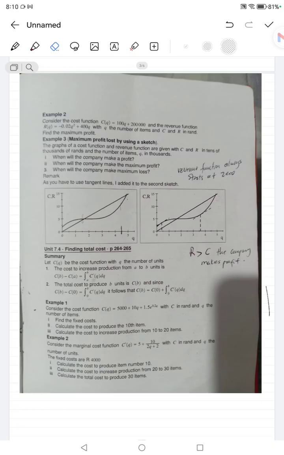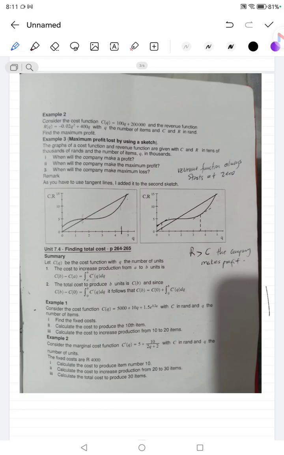Now this one I feel like I've already touched on regarding the graph that I've drawn, but we'll also touch on it using an example like this one. So let's say you're given an example like this, example 3, maximum profit or loss by using a sketch.